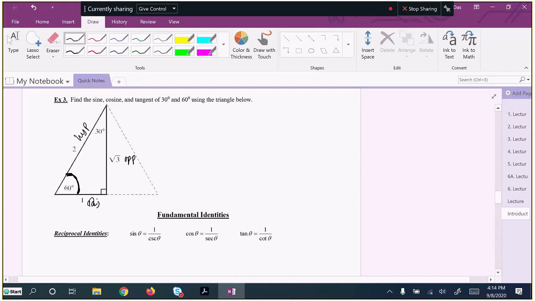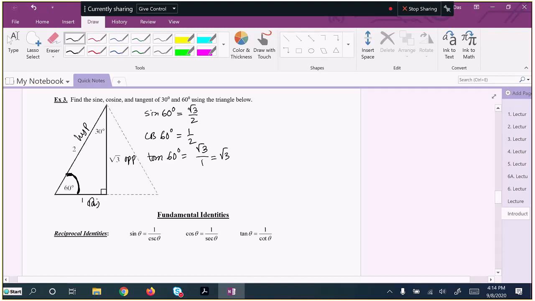So with respect to 60 degrees, I get sine of 60 degrees equal to square root of 3 over 2. Cosine of 60 degrees equal to 1 over 2. Tangent of 60 degrees equal to square root of 3 over 1, which is square root of 3.